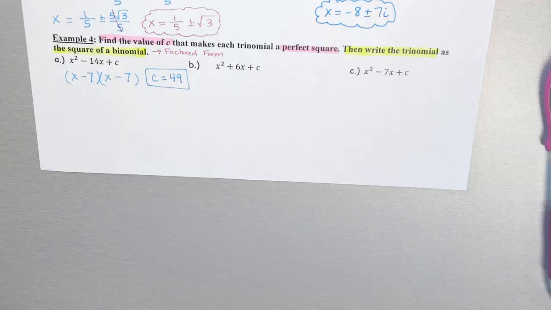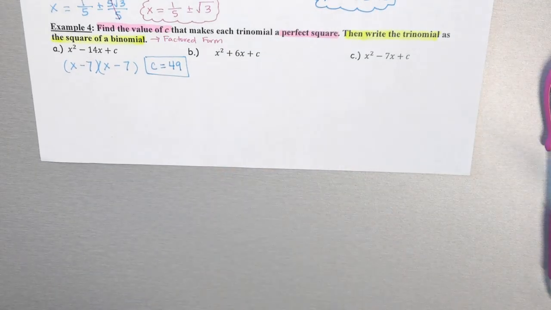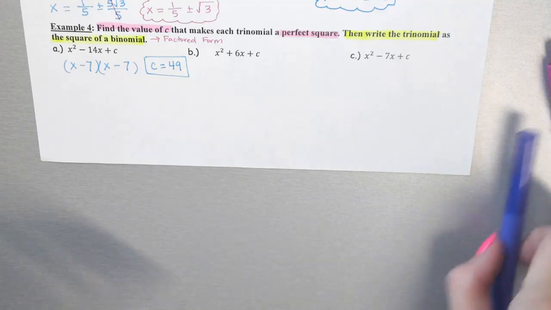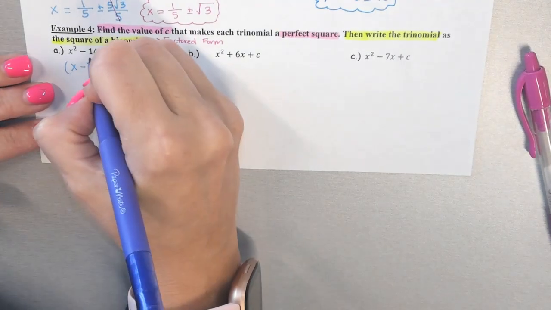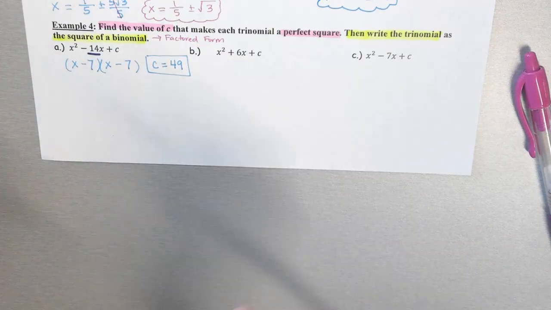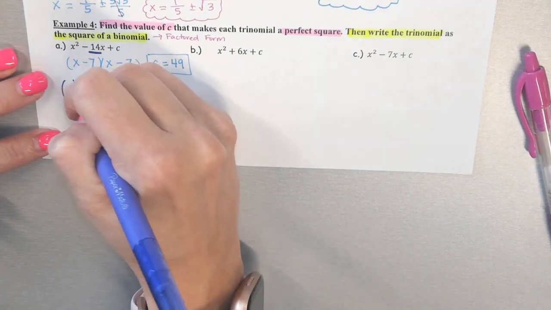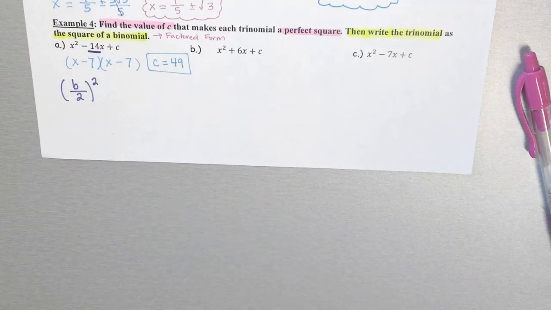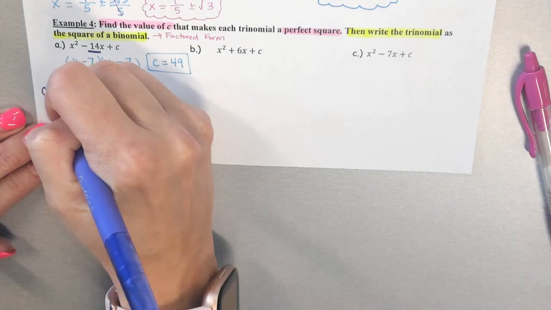Okay, there is a formula to help you find this that I'm going to share with you. So one way you can do this is you can find this value, which we call b, and you can take half of it and you can square it. Okay, and this is going to be your value of c.